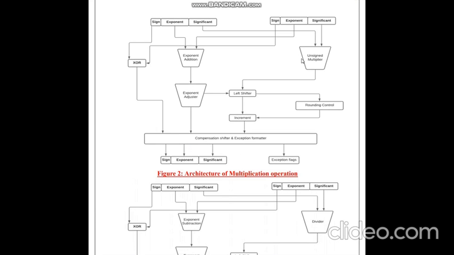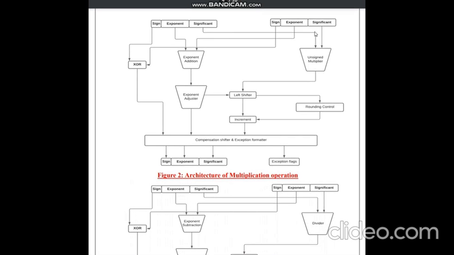After the mantissa adjustment, the operands are added or subtracted, and then the result is put forward for normalization. The result is normalized using shift and rounding control methods, and then the normalized results are transferred to memory. The architecture of the arithmetic core for addition is shown in this figure, and the subtraction operation is also performed by the addition arithmetic core only.